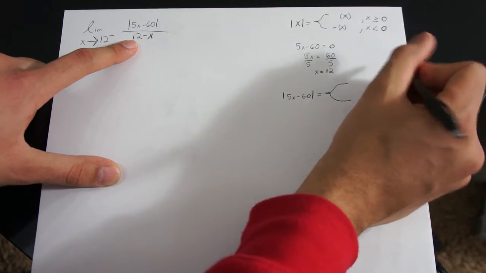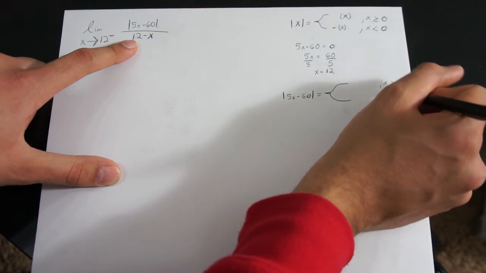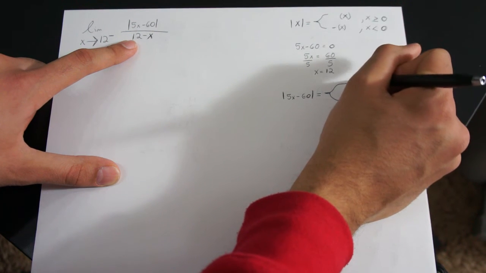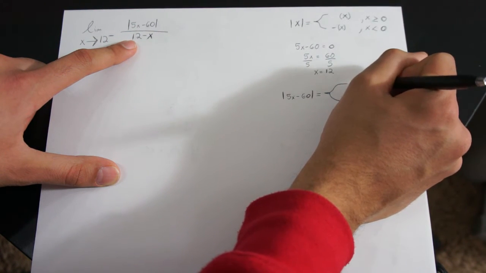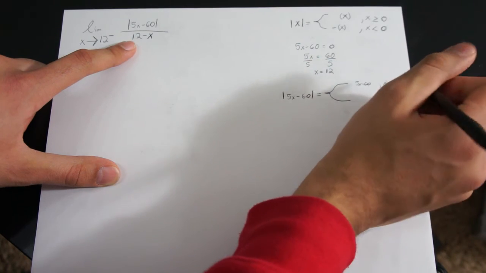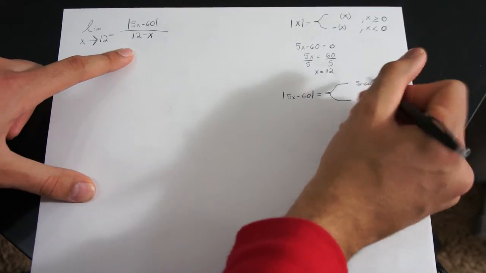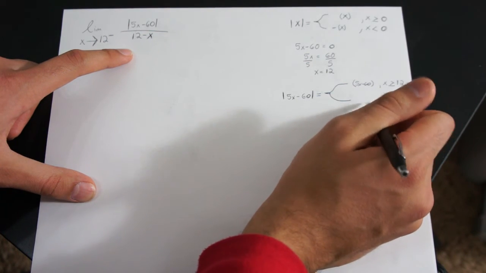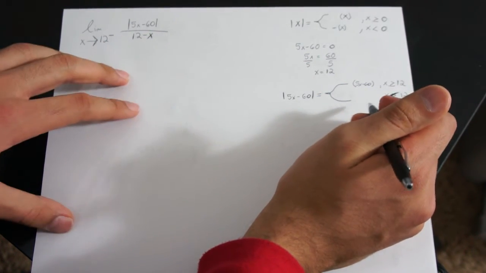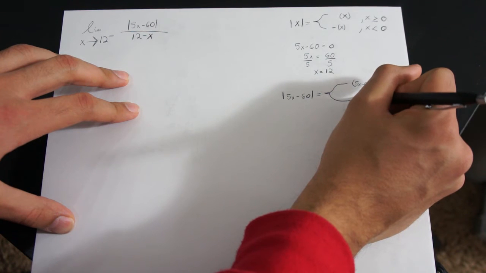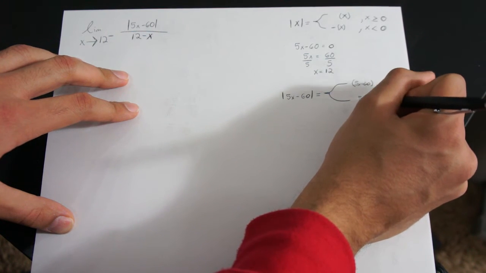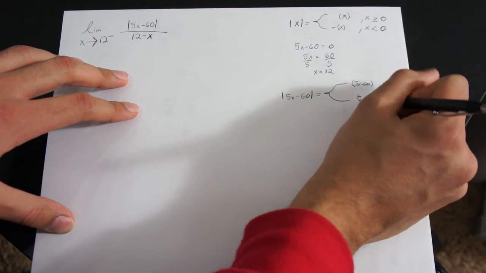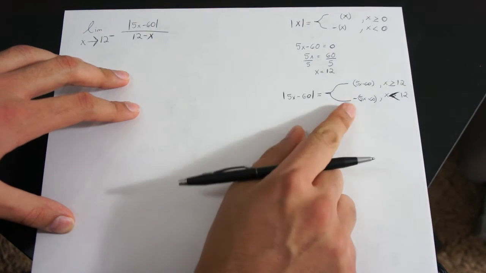For the first case, we would have a positive number, so it would just be 5x minus 60, or we would have 0 in this case. And for the second one, we'd actually have a negative number, so this would be 5x minus 60 with a negative out front.